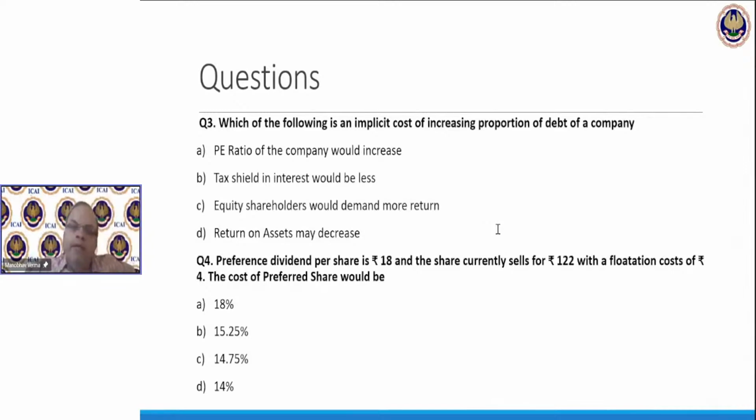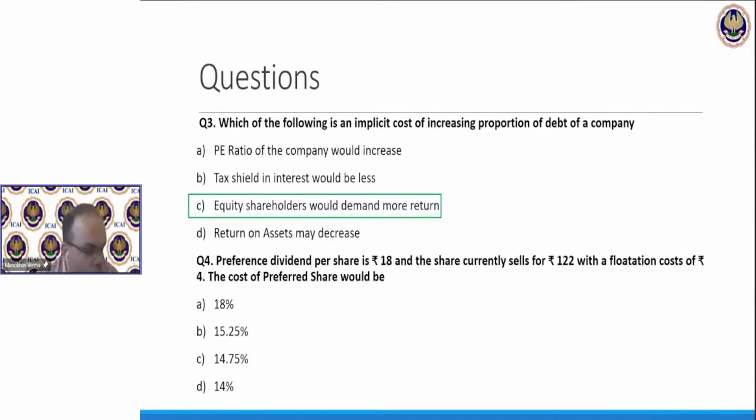Some people are telling me B, tax shield in the interest would be less. On what basis you are saying that? I think, guys, this is a little tricky question, but an interesting one. The correct answer is C actually. Because imagine, when you keep on increasing debt, right? You understand financial leverage, you understand debt to equity ratio. We all learned that debt to equity ratio, financial leverage, right?